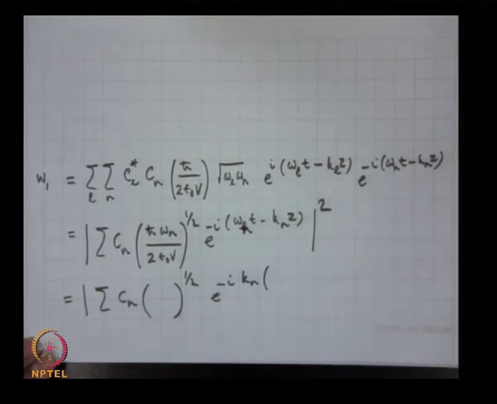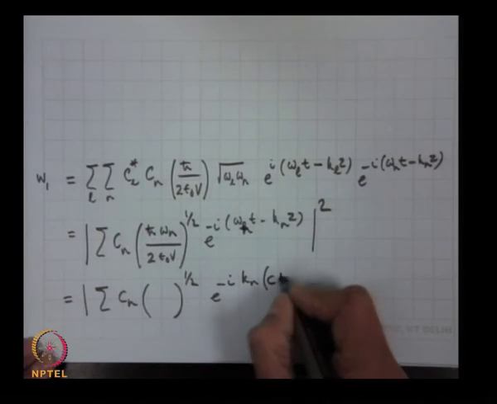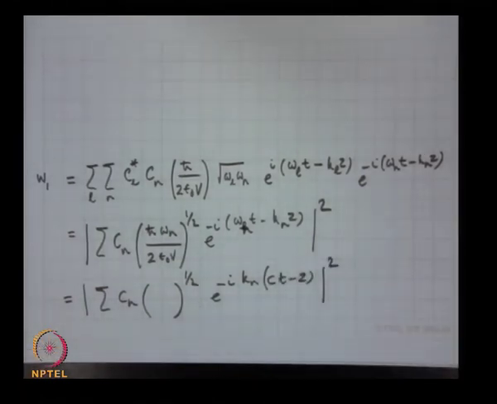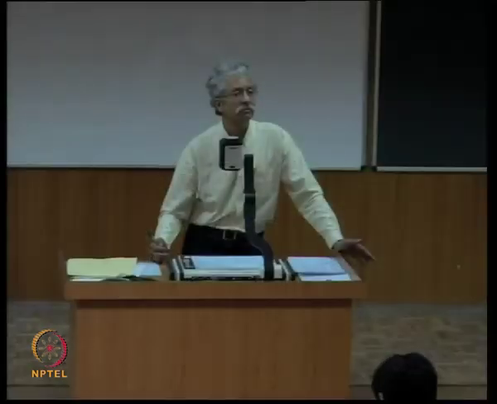Now what is omega_n by k_n? Yes, c, the velocity of light in free space, independent of n. All modes are in free space. So omega_n by k_n is the velocity of light in free space.